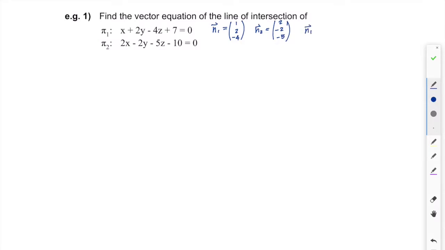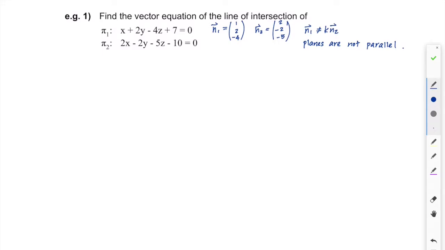Obviously, I cannot write these two normals as scalar multiples of each other. This implies that the planes are not parallel, so they must intersect at a line.